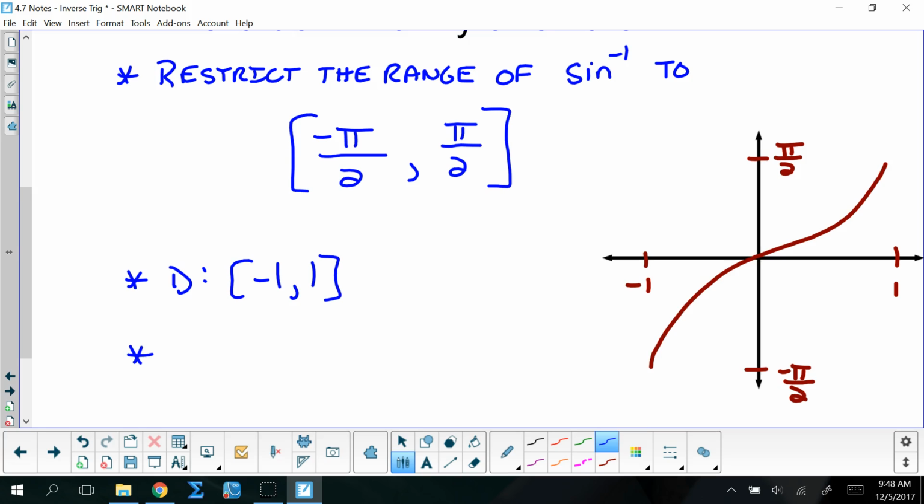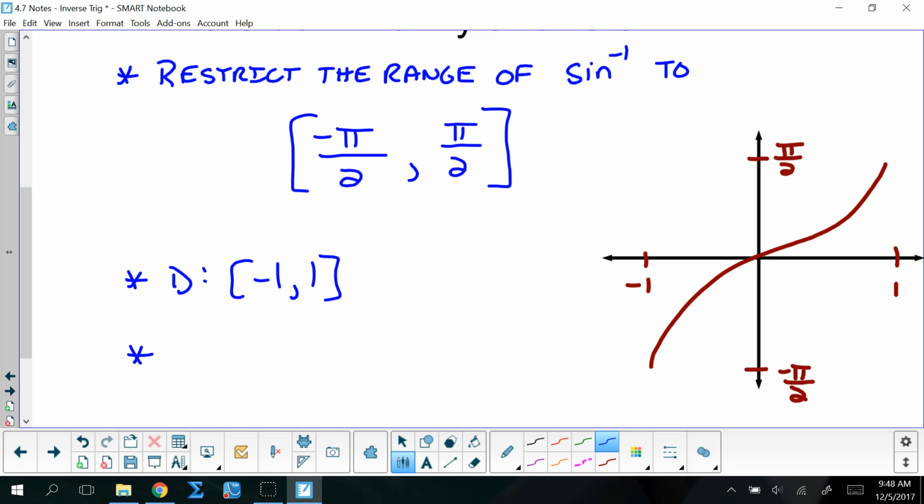At the top. Where's negative pi over 2? At the bottom. So am I on the left half or am I on the right half? Can't be on both. I got to be on one or the other.